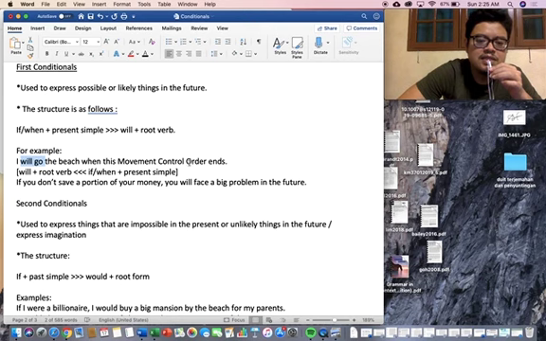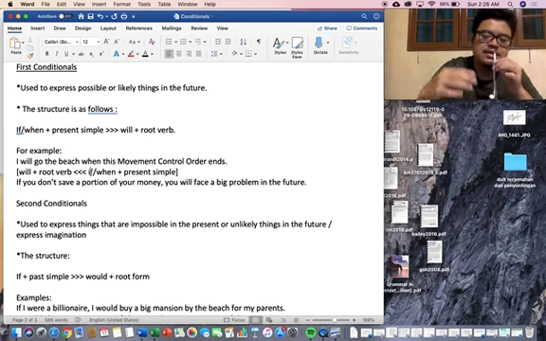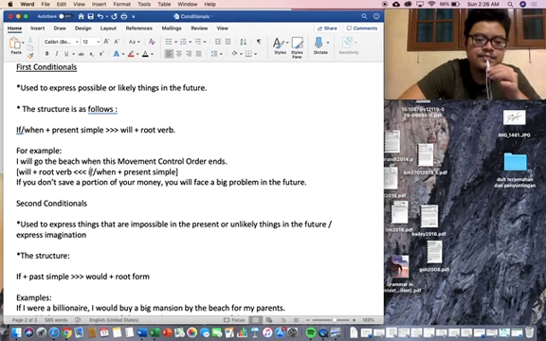When this MCO ends, present simple. This is future simple. Here I put another alternative way to write the formula: will plus root verb, and the conditional comes later, but the arrow still points the other way, right?